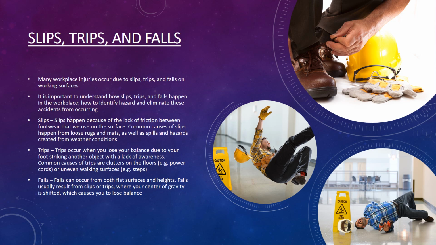Slips. Slips happen because of the lack of friction between footwear that we use on the surface. Common causes of slips happen from loose rugs and mats, as well as spills and hazards created from weather conditions.